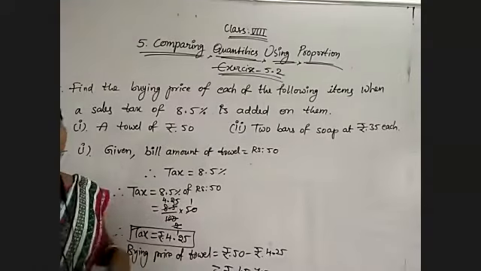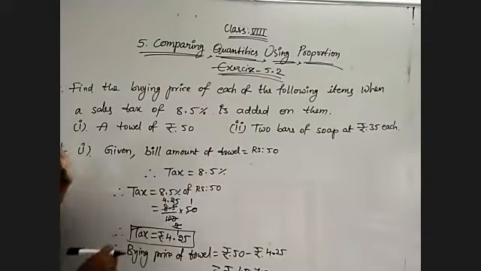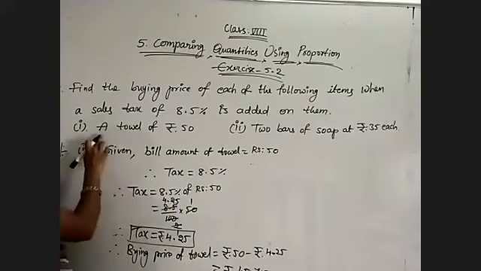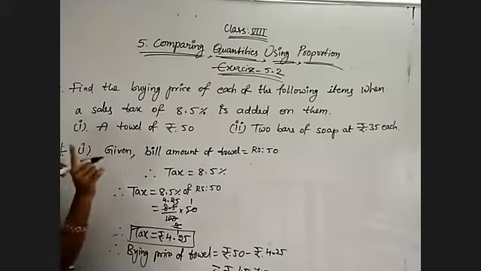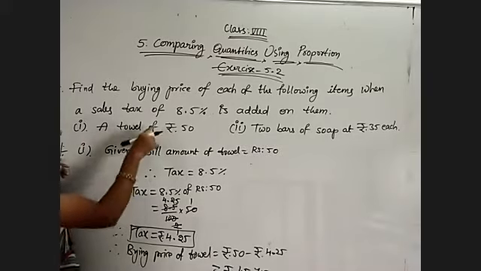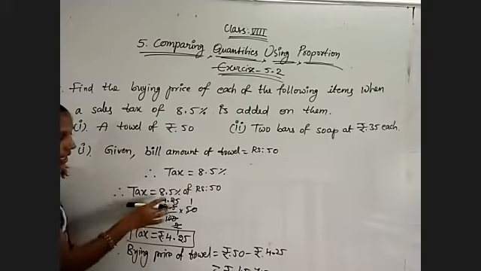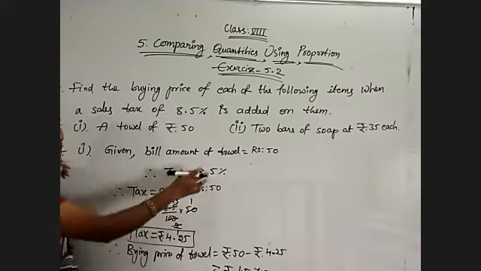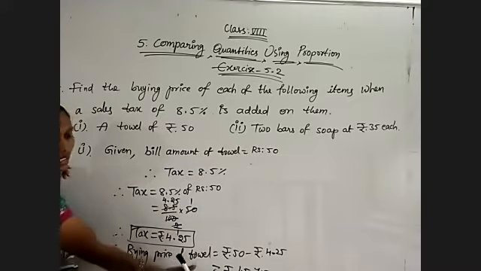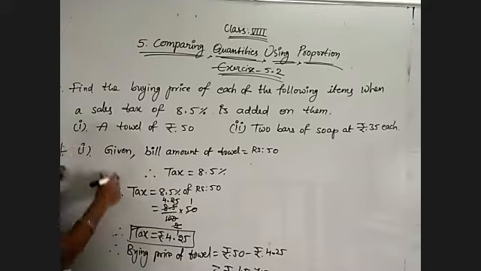So second question also same thing, but only one difference is there here. Before that, once again observe the first problem. So here bill amount 50 rupees is given, for only one towel. So tax on that towel added is 8.5%. So what is that value? Find out. And actual amount we need to find out. So that is bill amount minus tax. That is nothing but 45.75 is the buying amount of the towel.